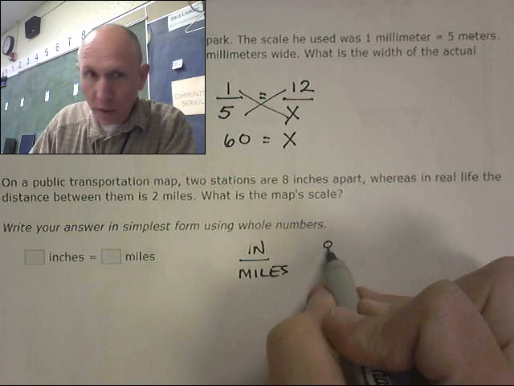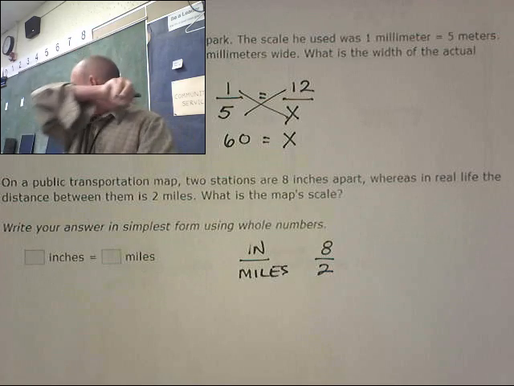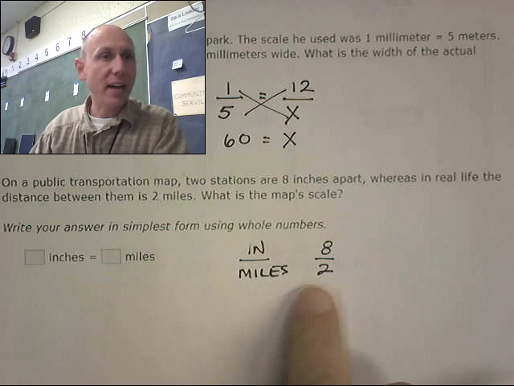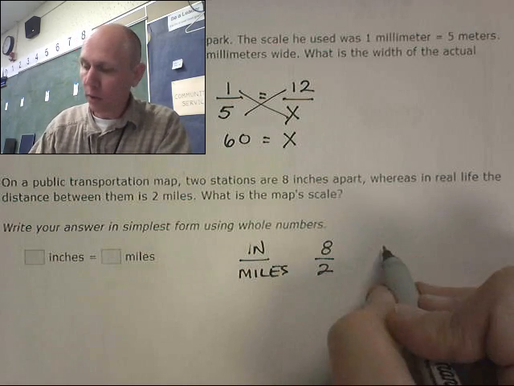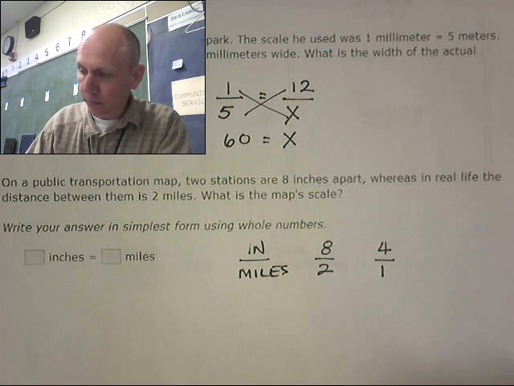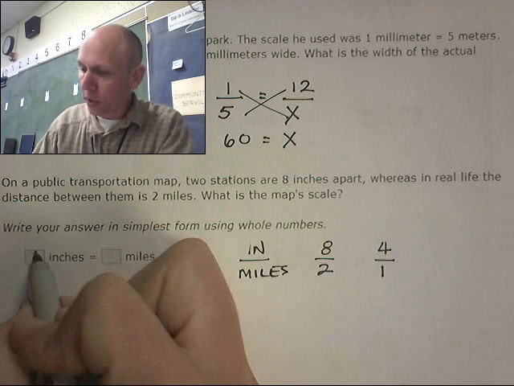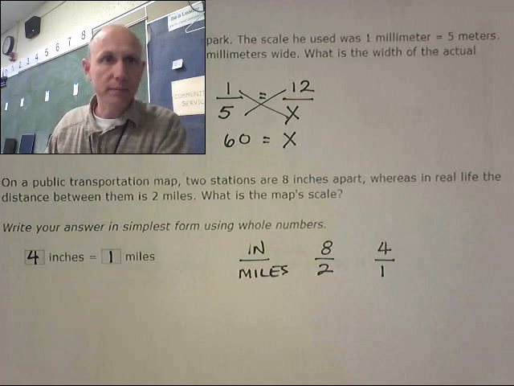So 8 inches to 2 miles. And now we need to simplify this down so that we have a 1 somewhere. Wouldn't this be the same thing as 4 over 1? So 4 inches is 1 mile.